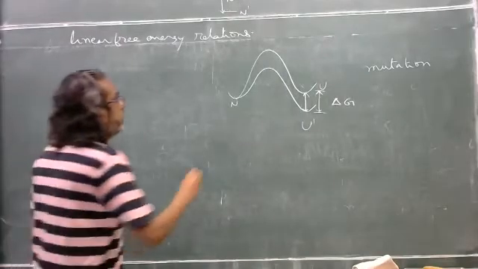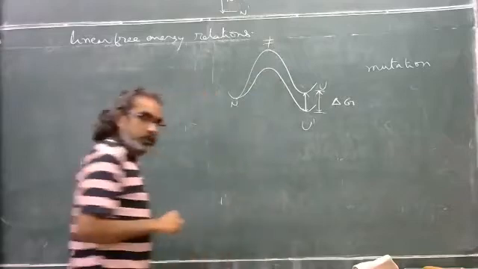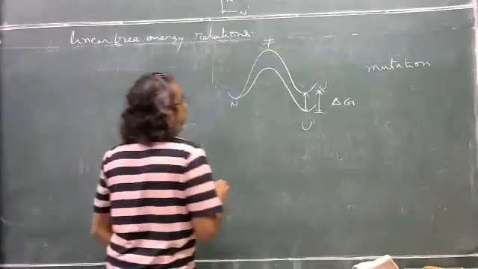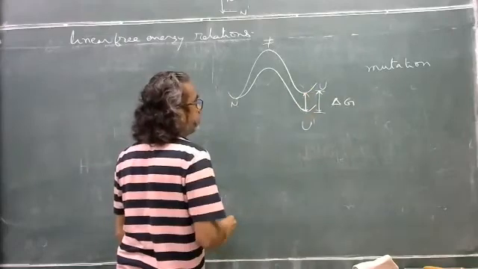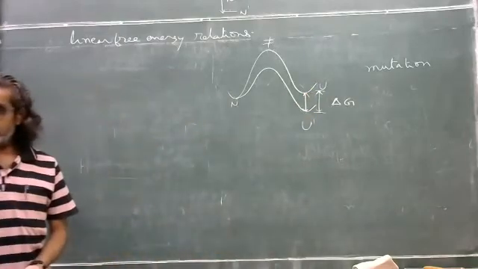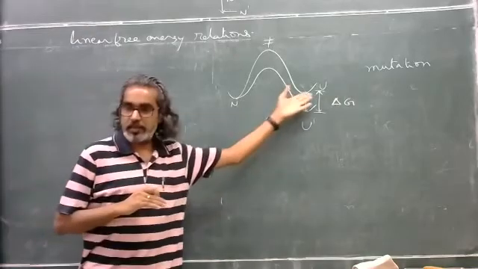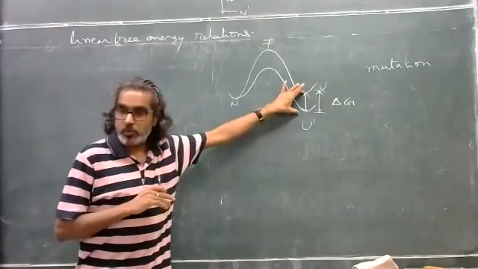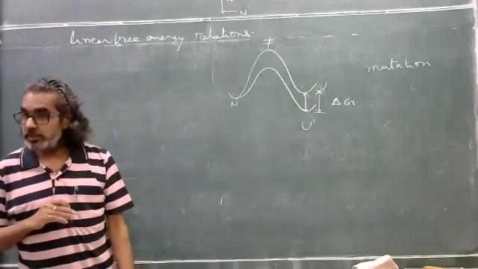Now let's say there is a transition state in between. Overall stability is basically the difference between the native state and the unfolded state, the reactant and the product, and this is the overall stability. But the transition state is in between.